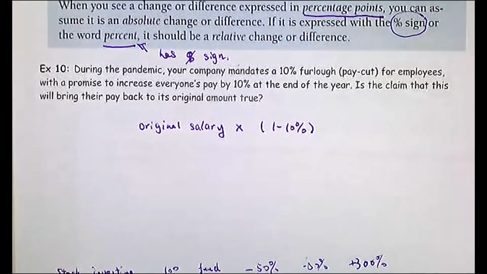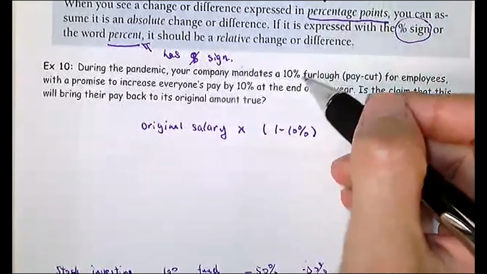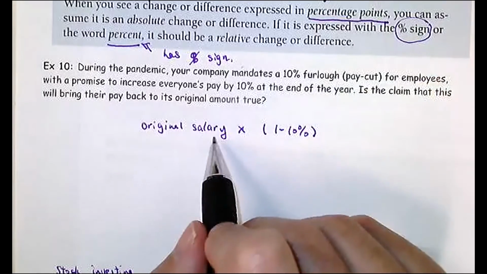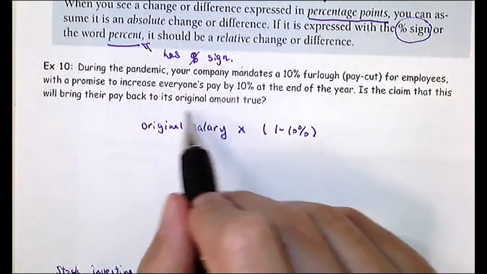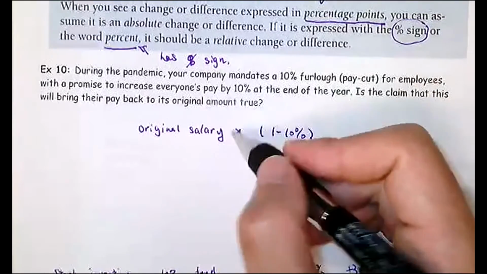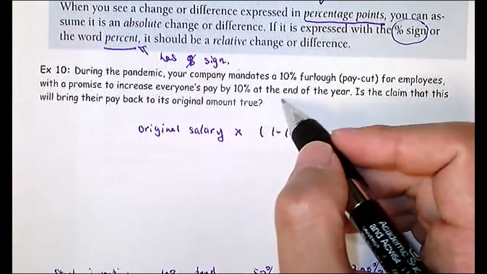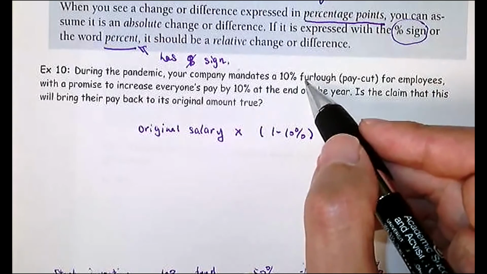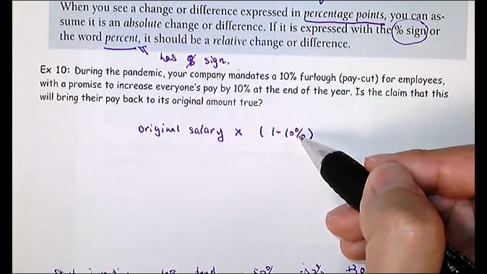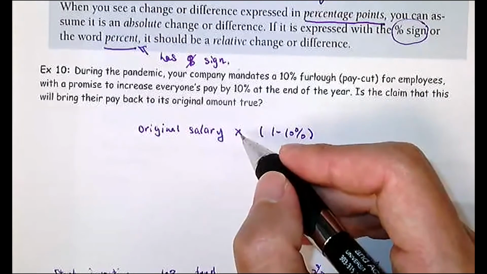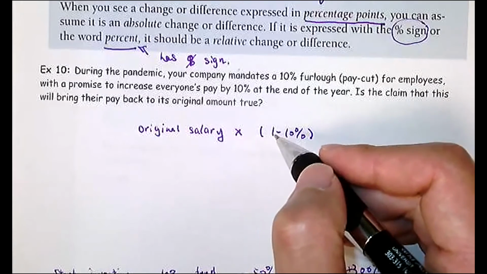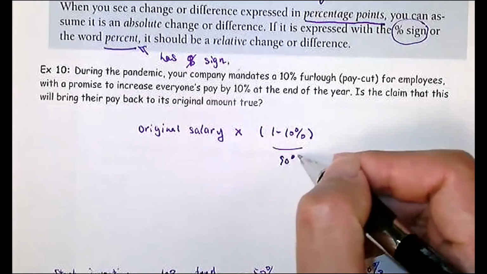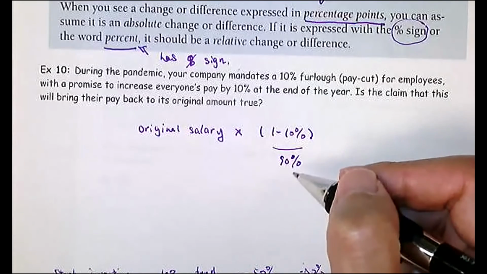Okay, let's just take it easy. At the beginning, your salary is this amount. You don't know how much it is. Okay. Then the pandemic comes. The company cuts 10% of your salary. So now you are multiplying 1 minus 10%, which is you're only taking 90% of your original salary.